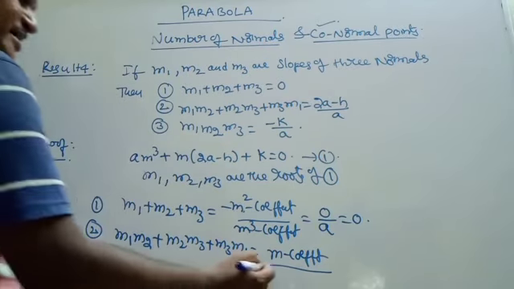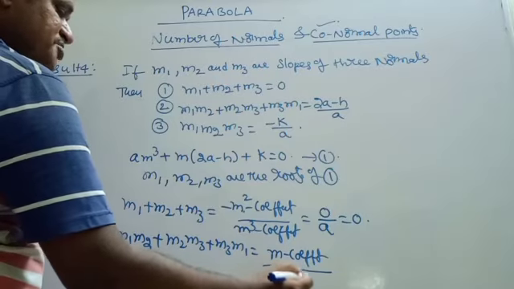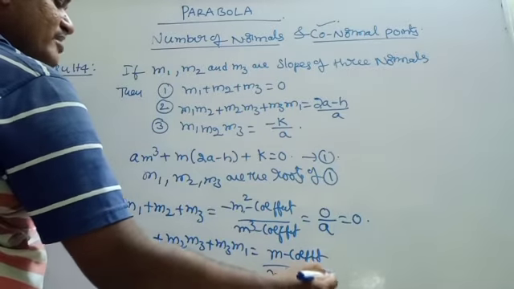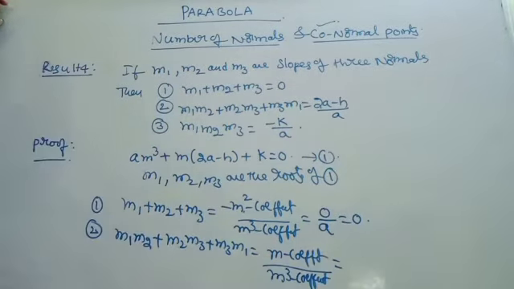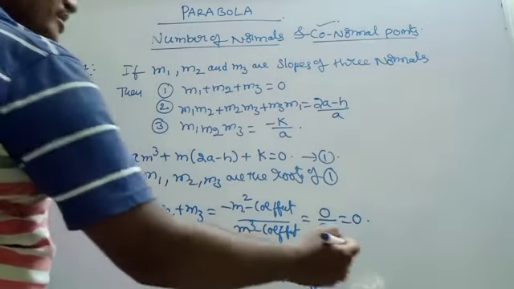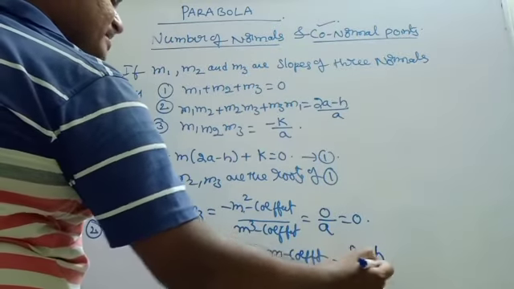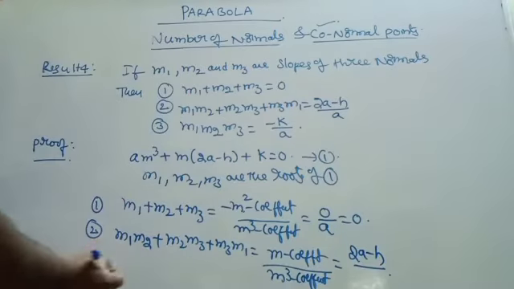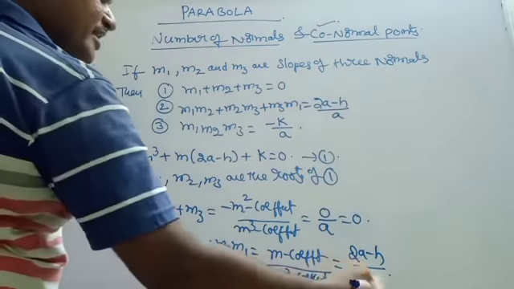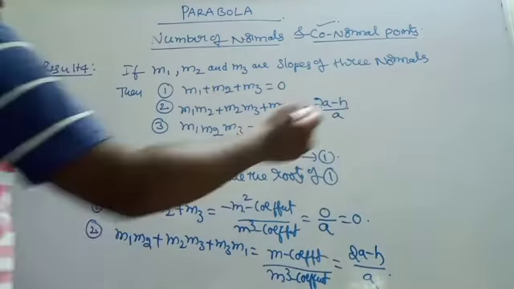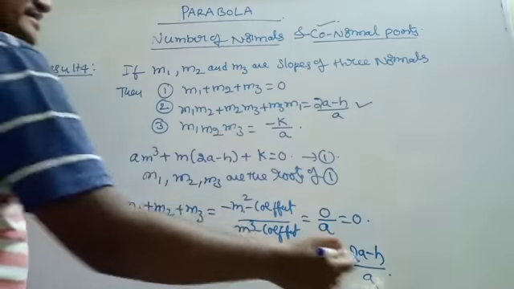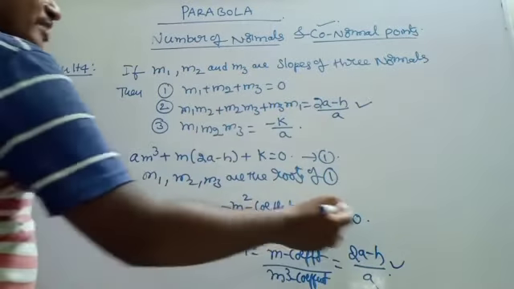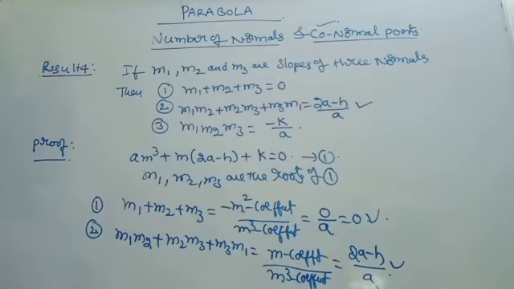The m coefficient is nothing but 2a − h. 2a − h divided by the m³ coefficient, which is a. Then we have got the second result. See, beautifully we have got the second result like this. And the first result we have got also very nicely.